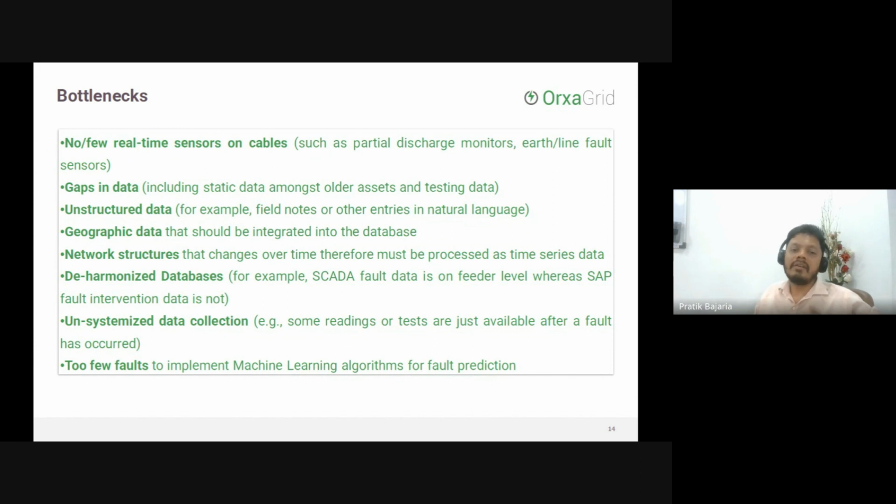In which case, you might get unstructured data. You might get data which is not integrated into the database, like geographical or GIS solutions, which are not direct integrations done by the utility. Network structures also change over time.